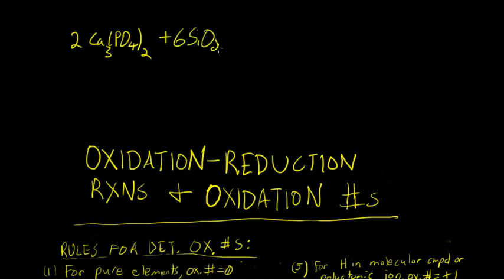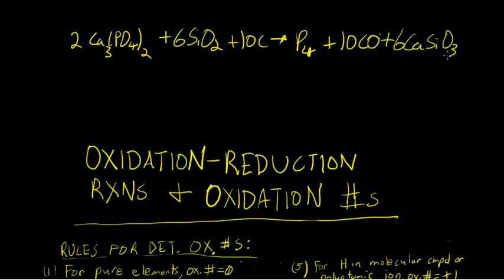6 SiO2 plus 10 carbons gives you P4 plus 10 carbon monoxide molecules plus 6 CaSiO3. And here to figure out what's oxidized or reduced is a bit tougher, right?